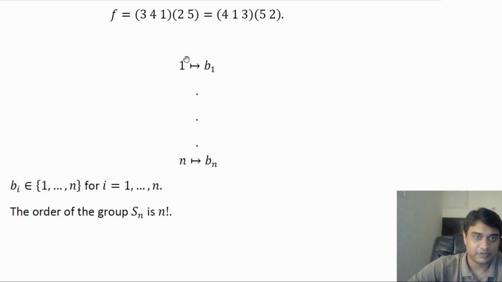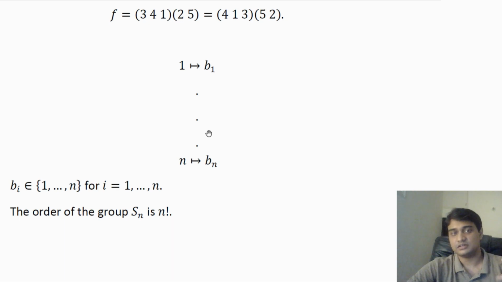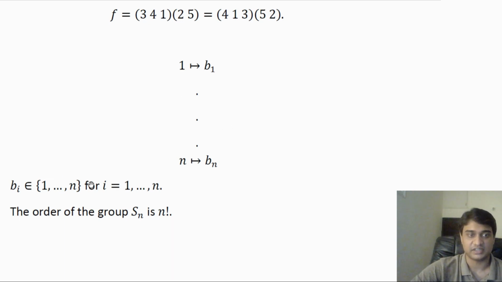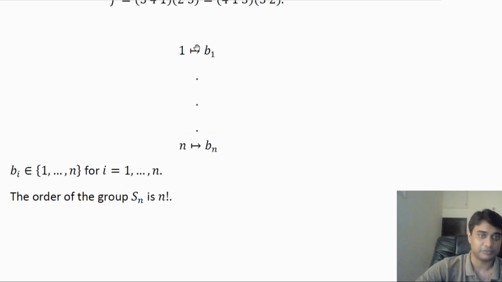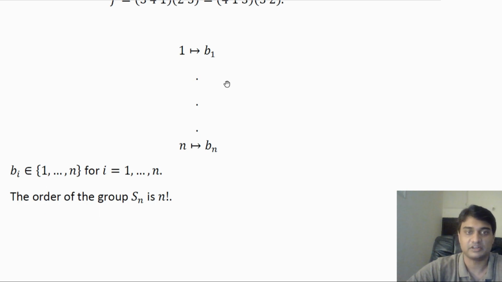So on the left column, these are n indices, and on the right, each of these n indices is different from the others. So they are just a different arrangement of these n indices. On the left, we have the indices in ascending order, but on the right we have an arrangement of these indices in some random order.